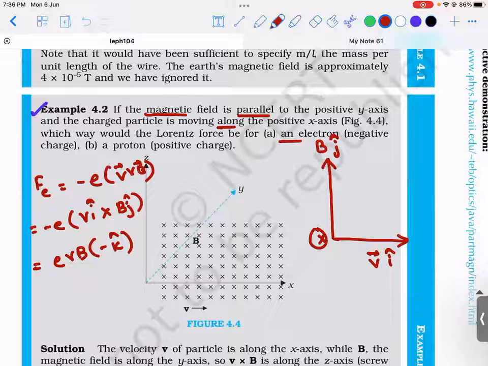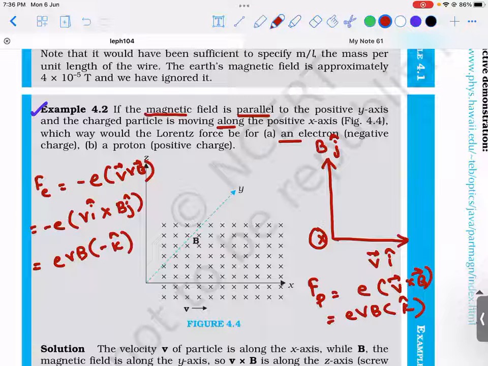Then what about a proton? So proton, use the same logic. Force on the proton will be equal to positive charge e into the same V vector cross B vector. What will we get? We'll get eVB into I cross J, which is going to be K cap.